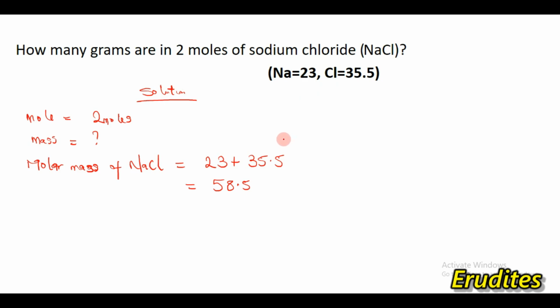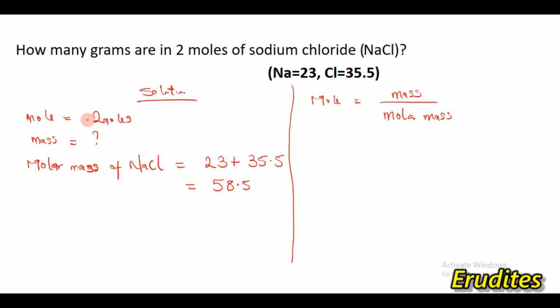So, having done this, we can now write out our formula. So what is the formula that relates these three parameters? The formula is mole is equal to mass, which is reacting mass, over the molar mass.